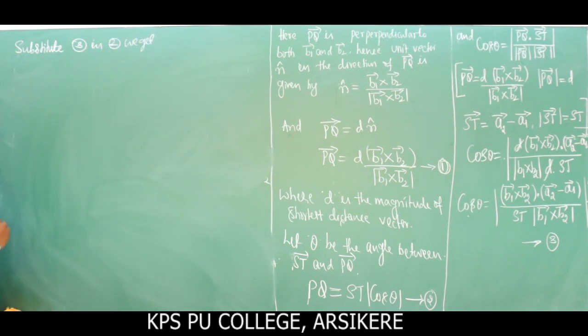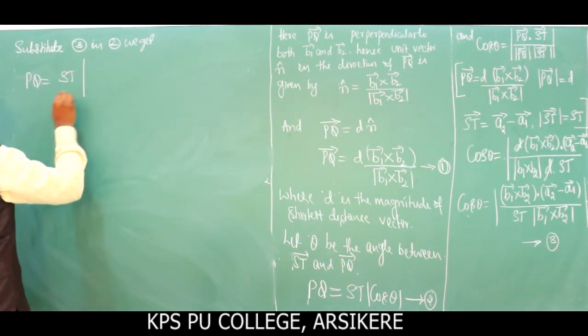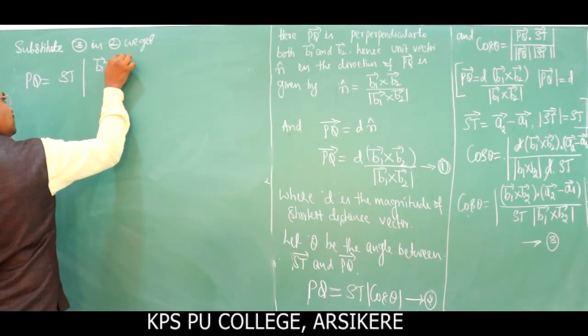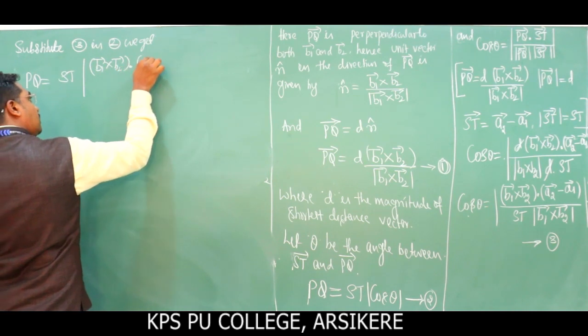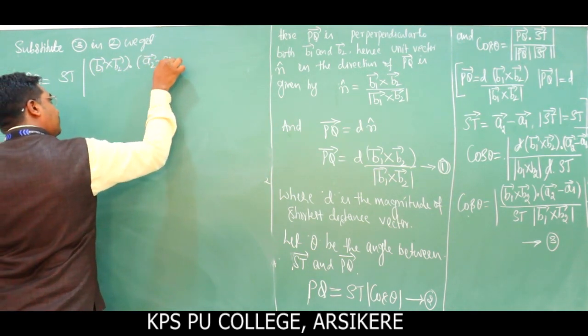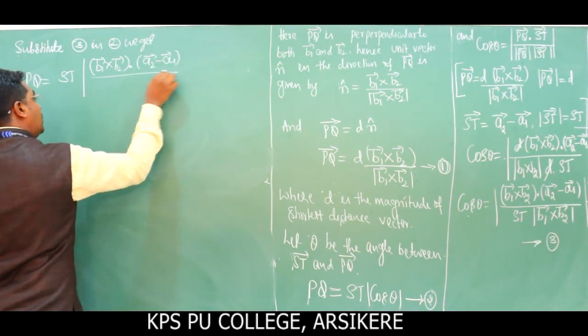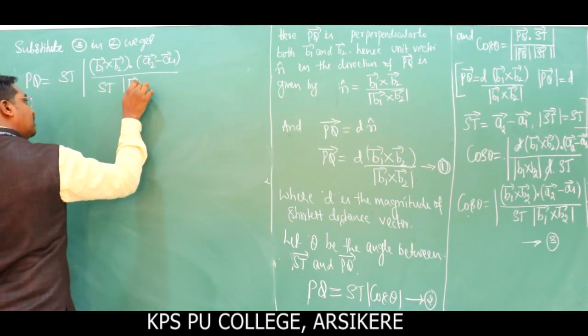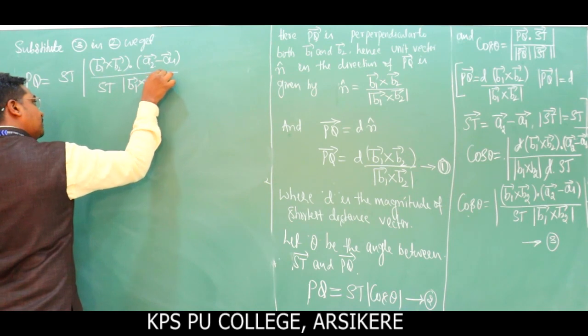We get PQ is equal to ST, write it like that. The remaining expression for cos theta is B1 cross B2 dot A2 minus A1 whole divided by ST into magnitude of B1 cross B2.